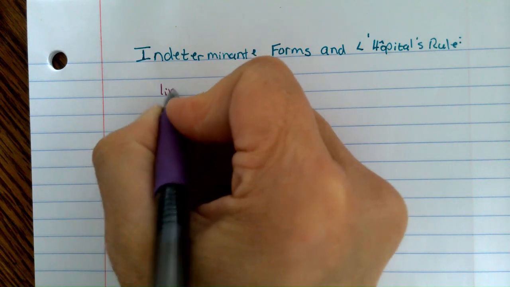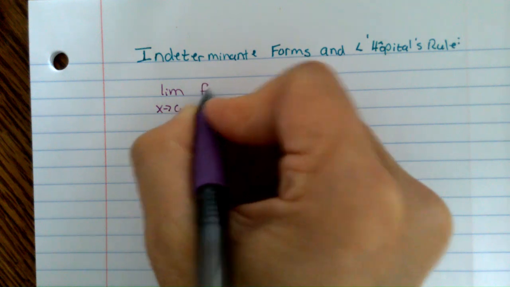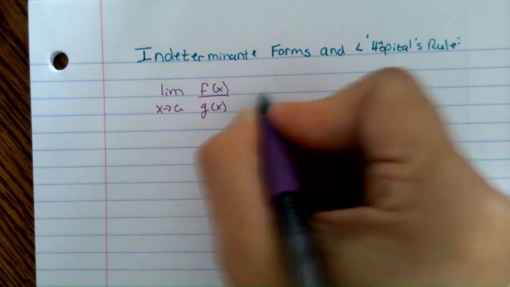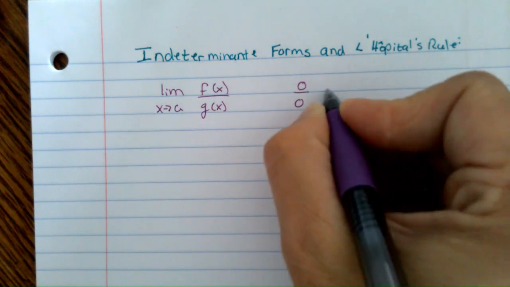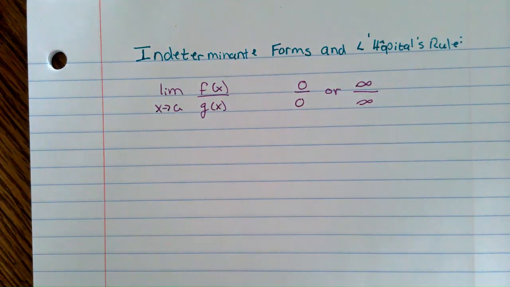If you do the limit as x approaches a of f of x over g of x, and you get 0 over 0, or you get infinity over infinity, then and only then can you apply L'Hopital's rule. Those would be indeterminate forms.